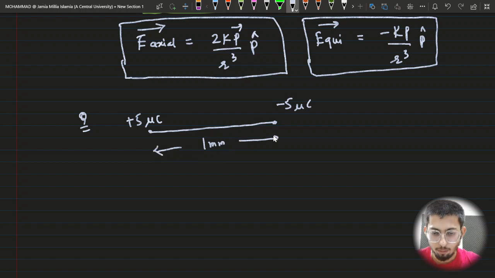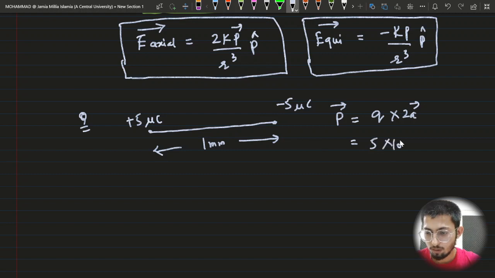Find the dipole moment. What is P? The formula: P is q into 2a. Q is how much? Either of the two, 5 into 10 to the power minus 6. And what is the value of 2a? 2a will be 10 to the power minus 3 meters, because we need to find it in SI.